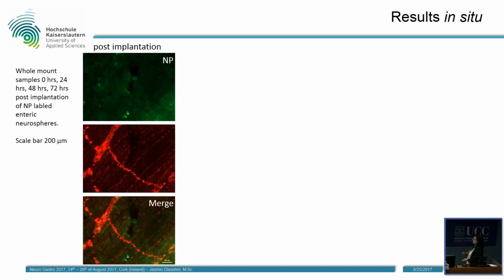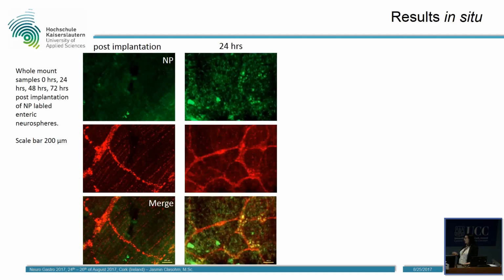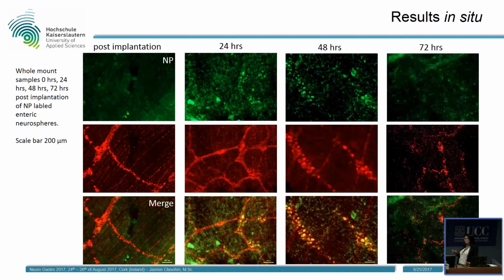Okay, what we did afterwards, we looked at the whole mount samples of these gut segments, and we can find our nanoparticles again in fluorescence images until 48 hours after injection or perfusion.